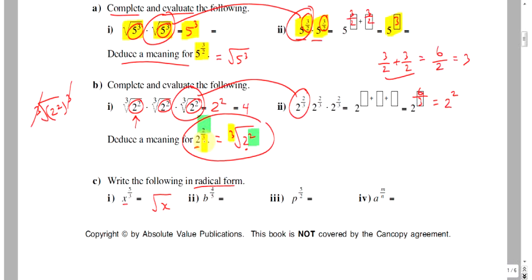This denominator became the index, didn't it? So let's put it where the index is. The number on top, the numerator, that went where? That became the exponent on x. That's how we do this.